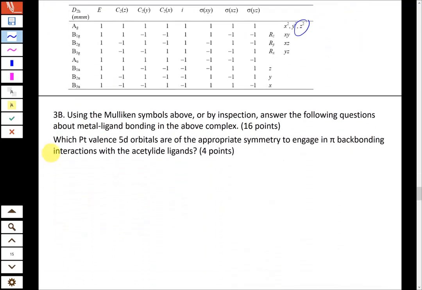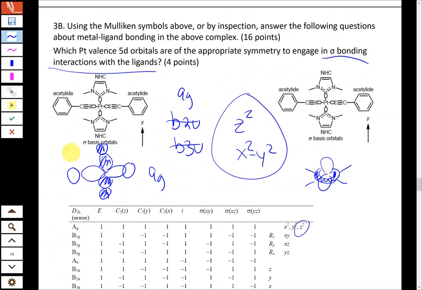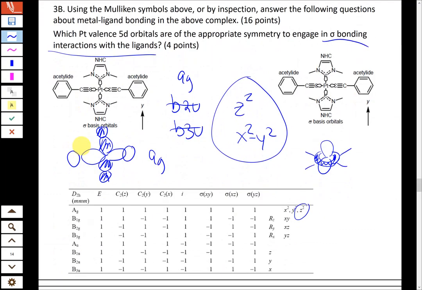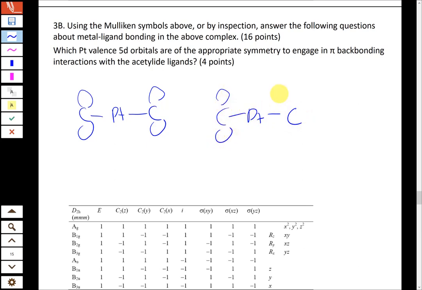The next one asked us, which of the 5d valence orbitals are the appropriate symmetry to engage in pi back bonding with the acetylide ligands? So acetylide ligands are in the x direction, and so we would have, again, in phase and out of phase orbitals there. We actually already talked about this a little bit when we were deriving the representations for these. And so we can have either both of those lobes facing the same or both of them being opposite each other.